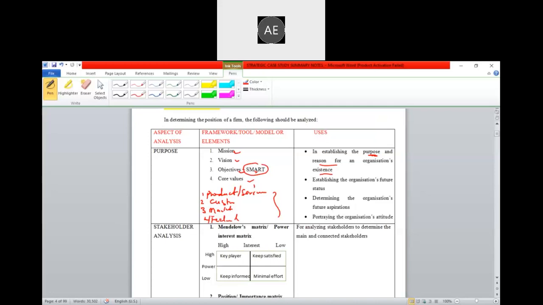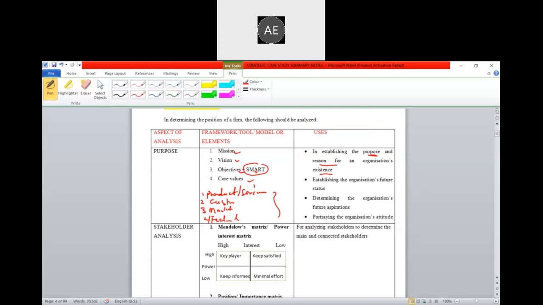Let's look at core values. The core values of an organization portray the organization's attitude. Okay, that's their beliefs. For instance, they believe in balancing work with employees. In fact, they respect employees. They believe in integrity, objectivity, accountability. In fact, it's about their ethics, their beliefs.